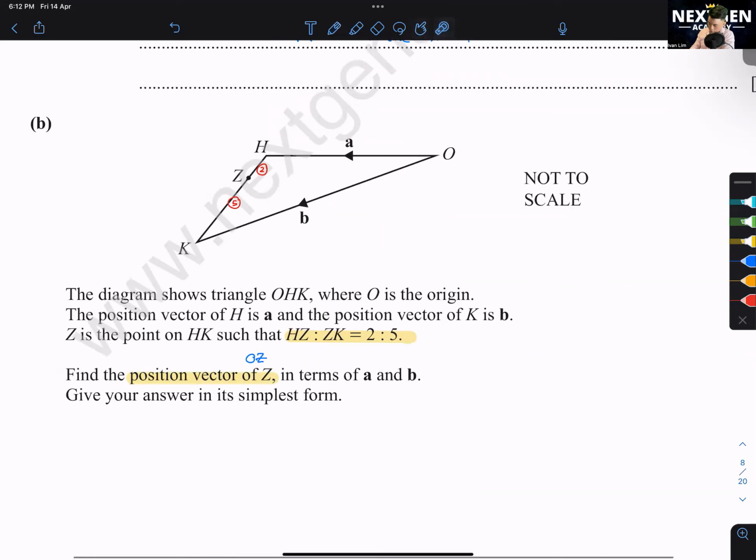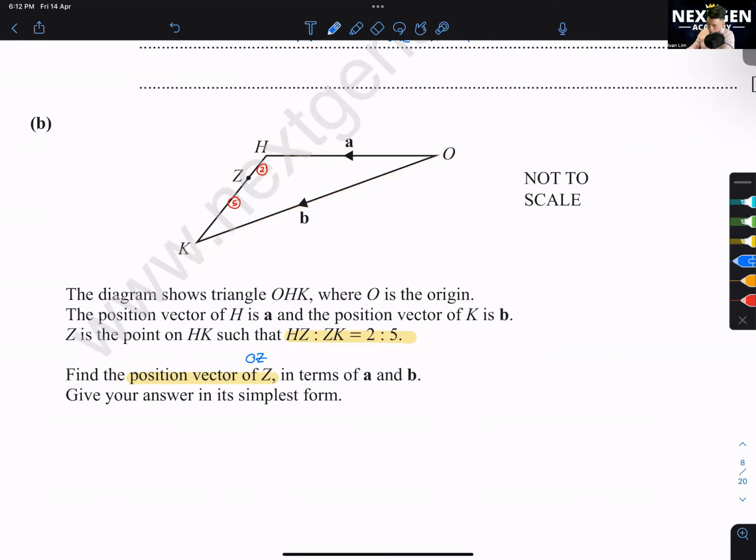So for me to get from O to Z, I want OH plus HZ. But I don't have HZ, right? Can I find HZ? Can, because HZ is actually 2 over 7 of HK. Can I find HK? Can. Here plus here. This is a route that I can find.